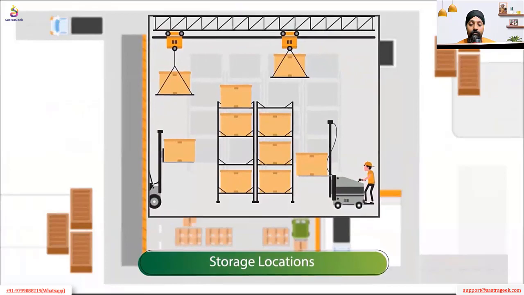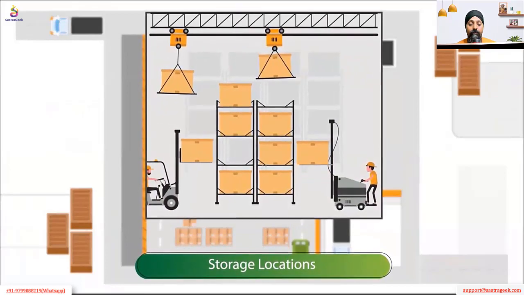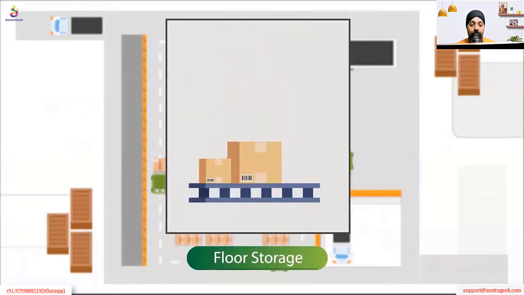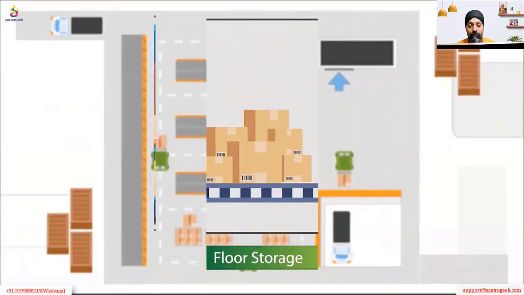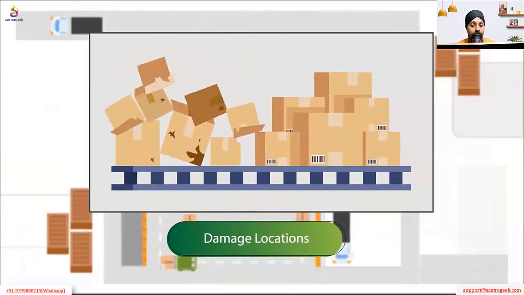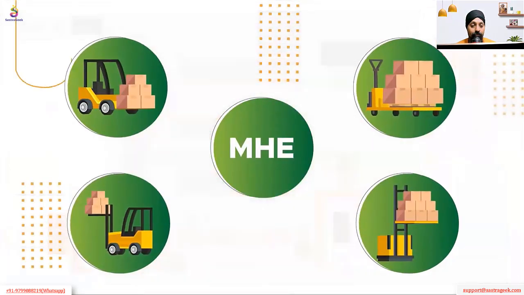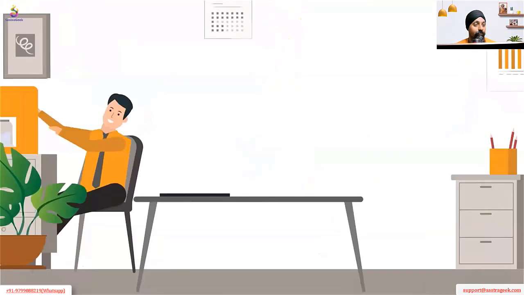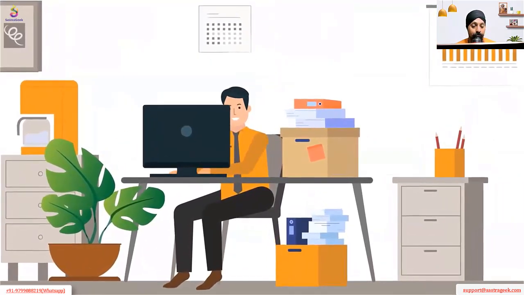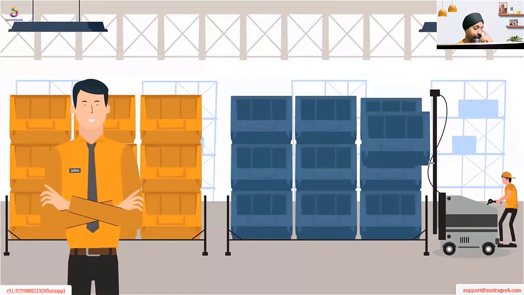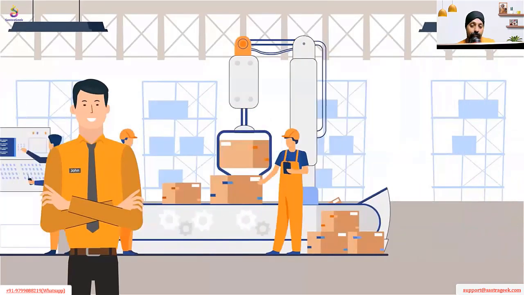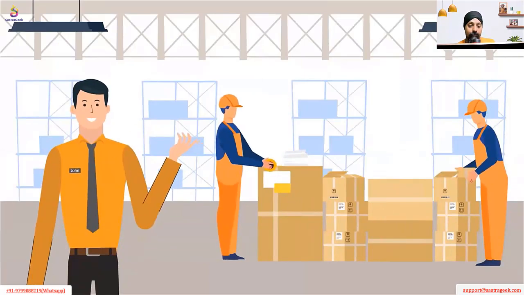Within storage locations, there are different configurations of storage spaces like racked storage, floor storage, a combination of rack and floor storage, damage locations, and MHEs. Other optional facilities that are provided in the warehouses include sorting areas, packaging and repackaging areas, and kitting and de-kitting locations.